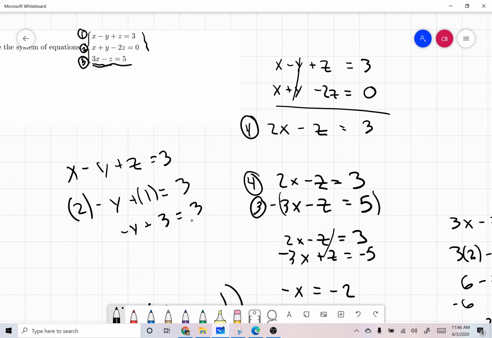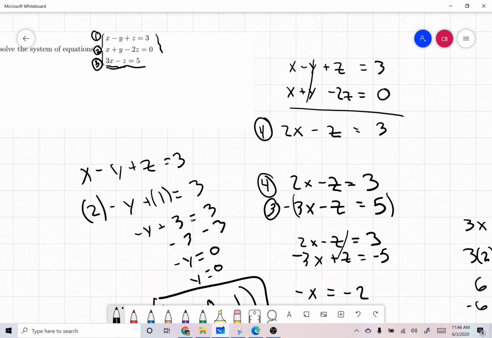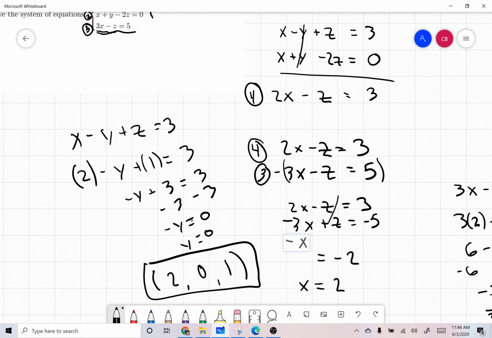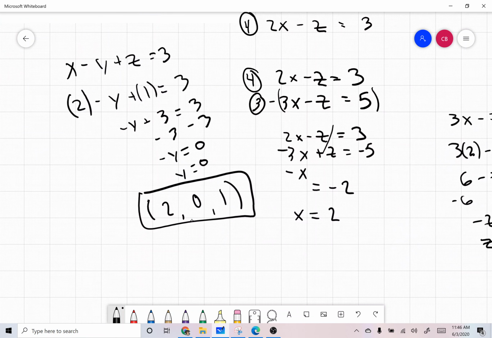So this gives us negative y is equal to 0, or y is equal to 0. And so if we use 0 here, we are good to go. We have 2 plus 0 minus 2 times 1. Yeah, that works. So this is the solution to this. I just checked it in my head real quick. We should be good to go.